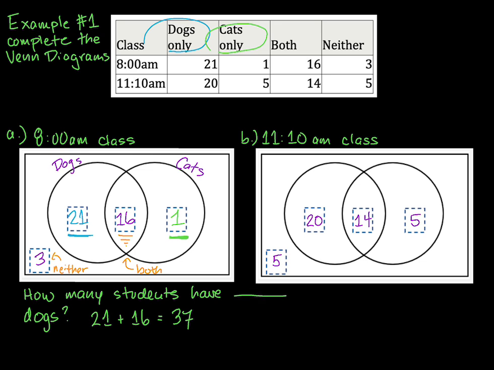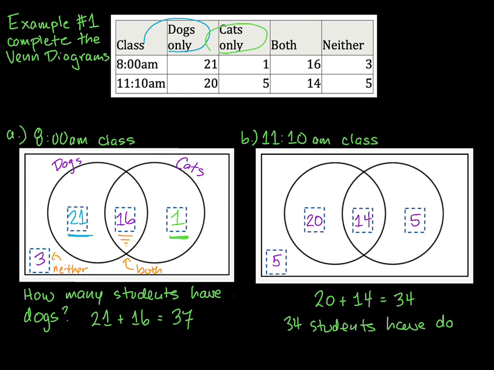And for over here, it would be 20 plus 14 equals 34. So in the 11:10 a.m. class, 34 students have dogs.